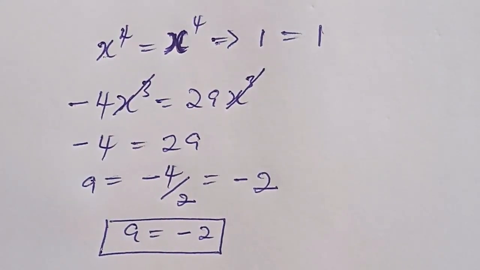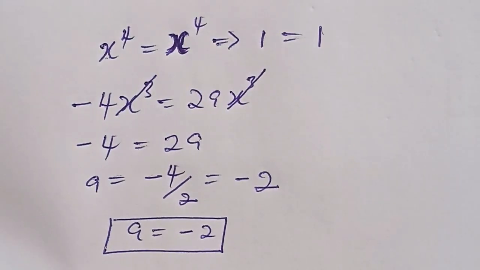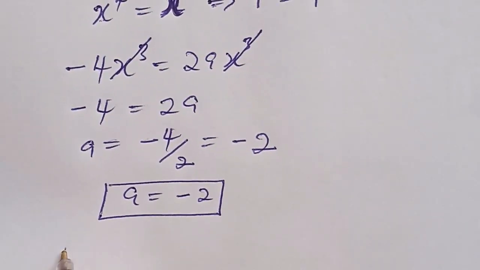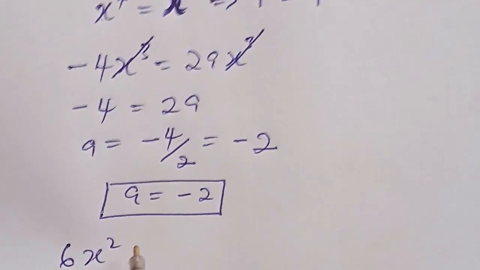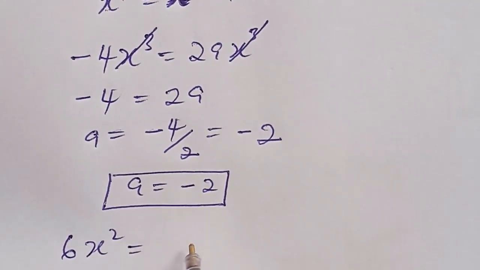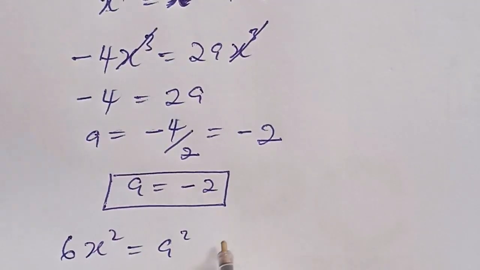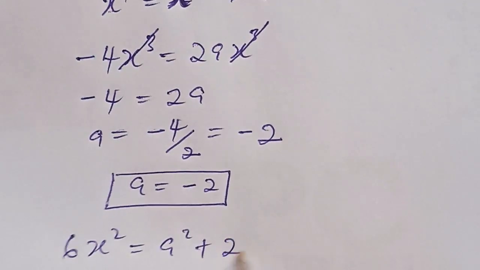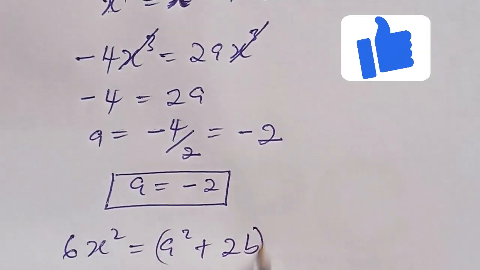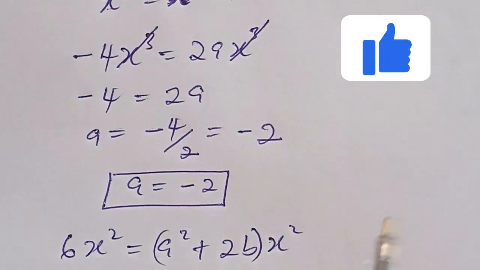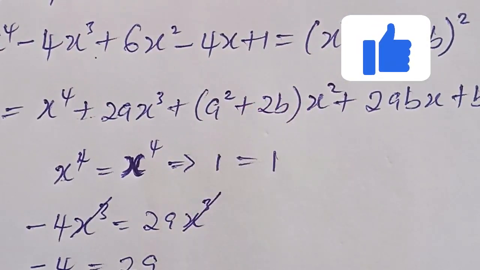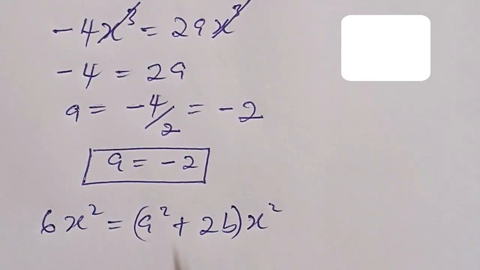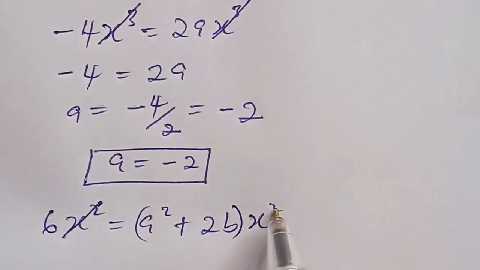Okay, now the next thing is to consider the coefficient of x squared. That is 6x squared is equal to (a squared plus 2b) x squared. So we cancel out x squared.